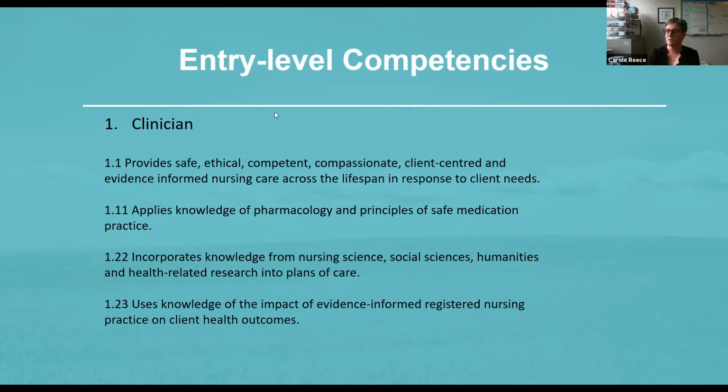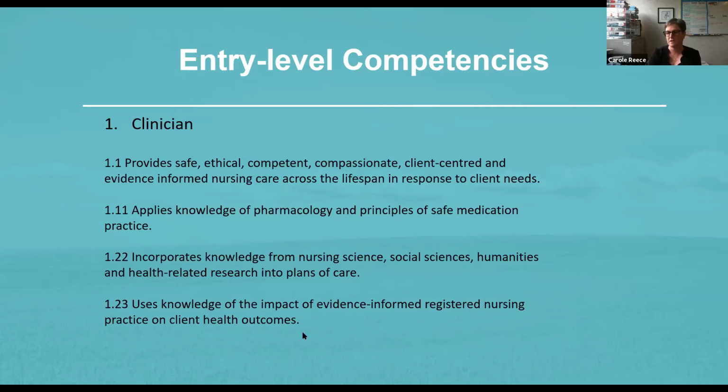And then the entry-level competencies, and I should be clear, these are the registered nurse entry-level competencies and practice standards I have here. So the first one is clinician, provides a safe, ethical, competent, compassionate, client-centered and evidence-informed nursing care across the lifespan in response to client needs, applies knowledge of pharmacology and principles of safe medication practice, incorporates knowledge from nursing science, social science, humanities, and health-related research into plans of care.